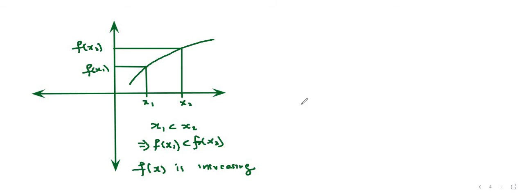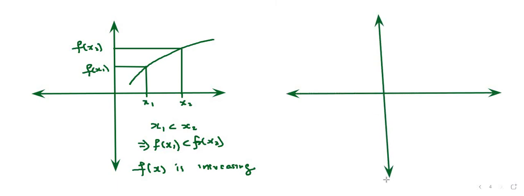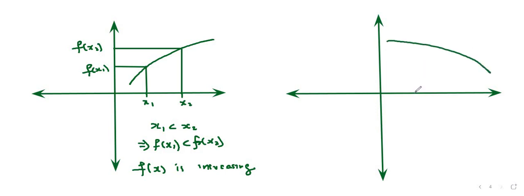The same way, what about strictly decreasing? Let's consider another graph. In this figure, x1 is less than x2. What about their images? Image of x1, you can find here, this is f of x1, and the image of x2 is here.